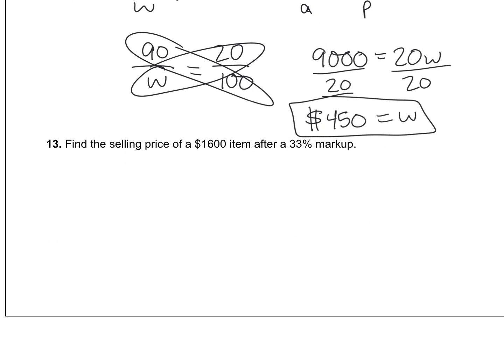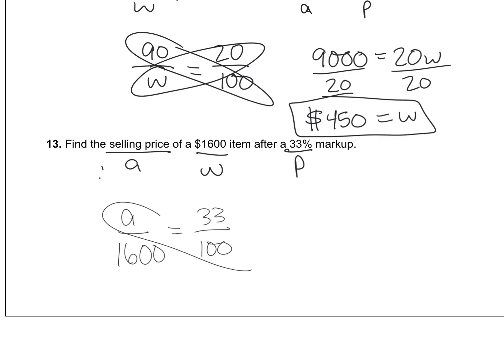Number 13, find the selling price of a $1,600 item after 33% markup. Again, selling price goes with A, 1,600. That is our original, so that's W. This is our P. A over 1,600 is equal to 33 over 100.